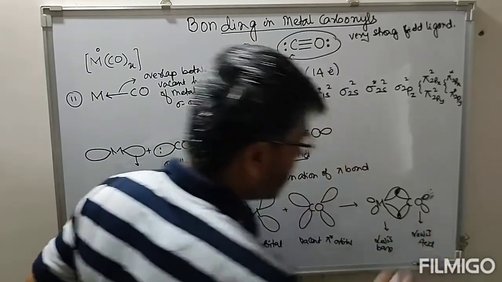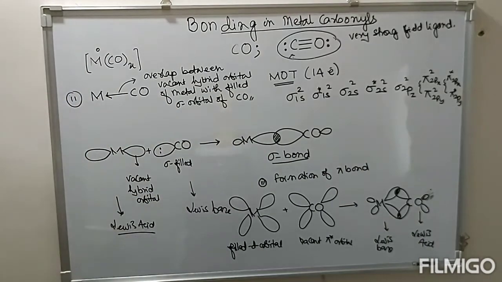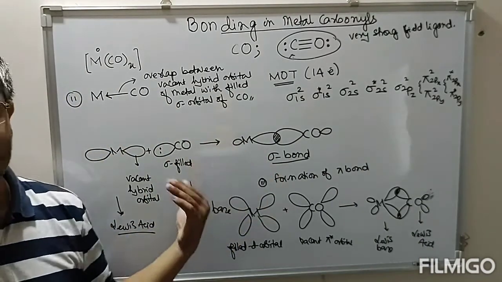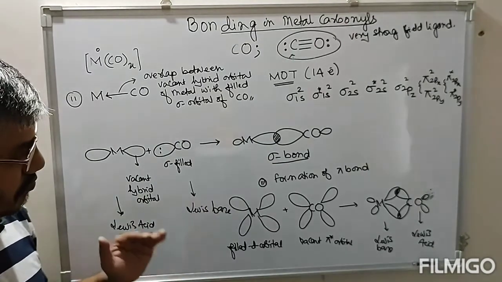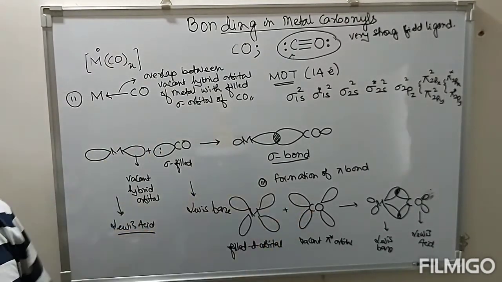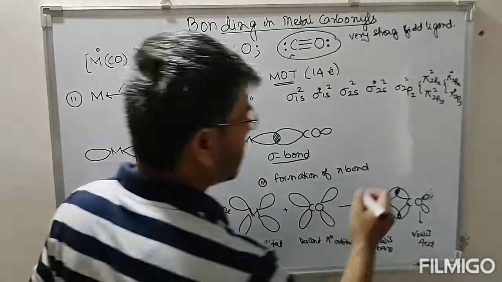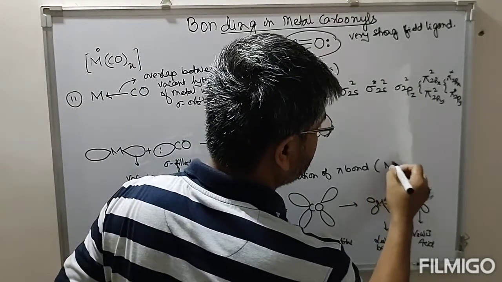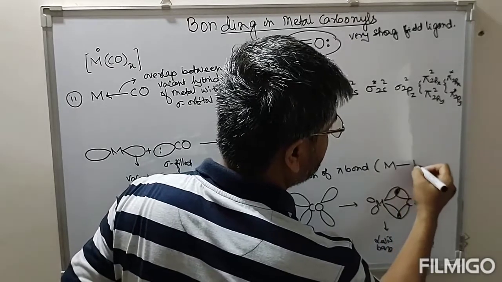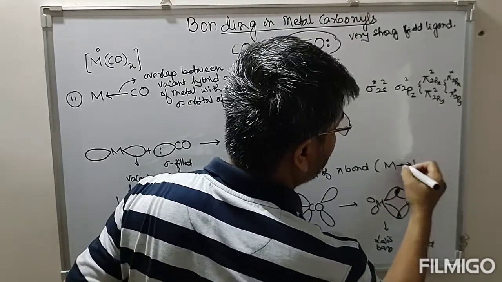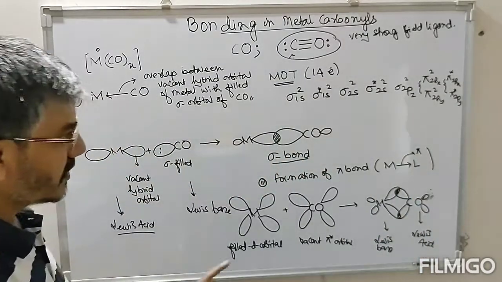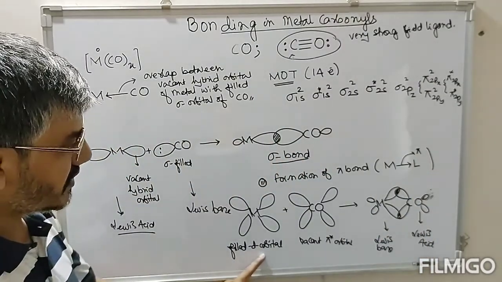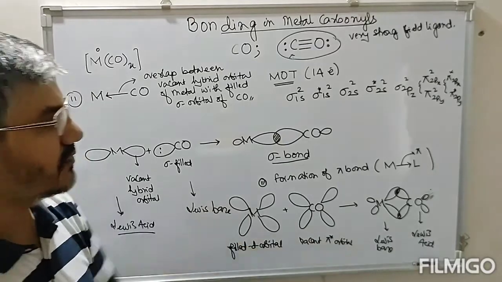So in metal carbonyls, both the ligand and the metal show acidic as well as basic behavior. Now because of this transferring of electron density from metal to ligand, we say that it is a metal ligand pi bond. As I told you, this is formed between the filled d orbital of the metal and the vacant antibonding pi orbital of the ligand.